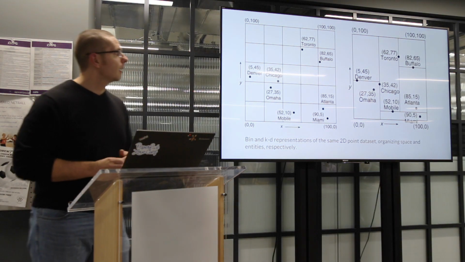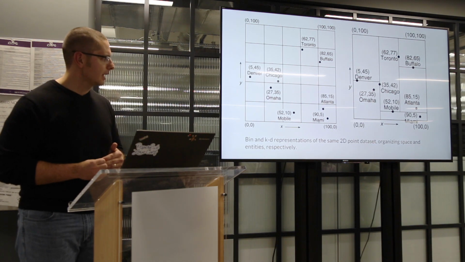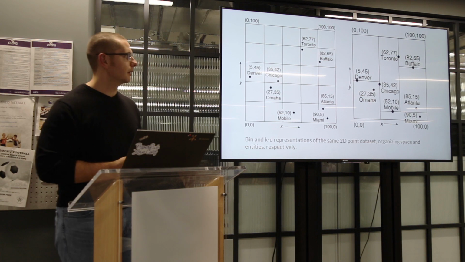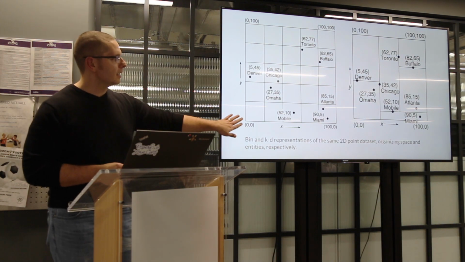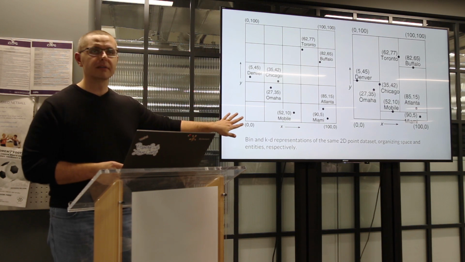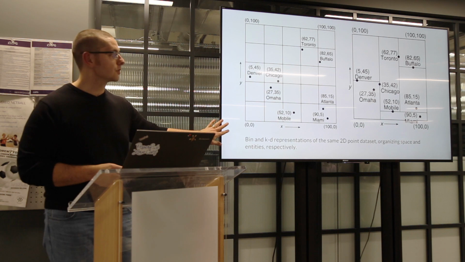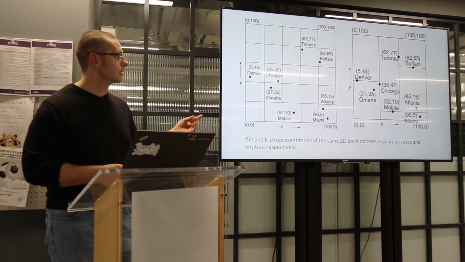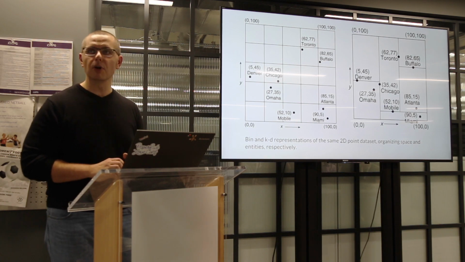So, our first little look here. The numbers don't particularly mean anything in these examples, I believe. What we have here are two spatial indices. One is probably the simplest that you could come up with. It's a fixed dimension bin data structure, and the data associated with each of these American cities is placed within the appropriate bin.